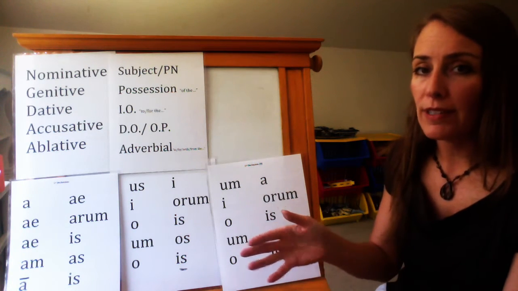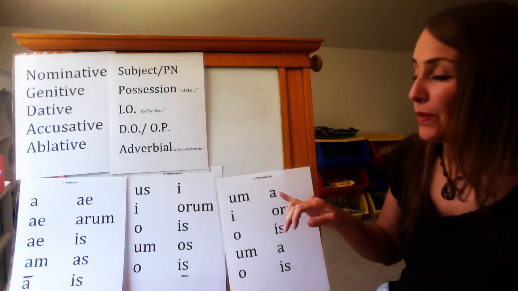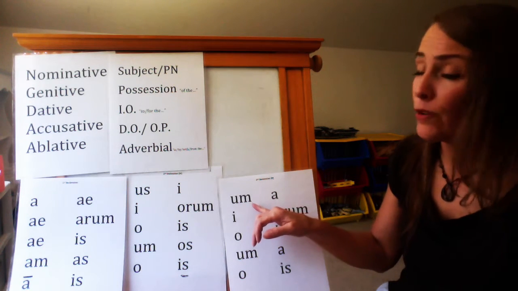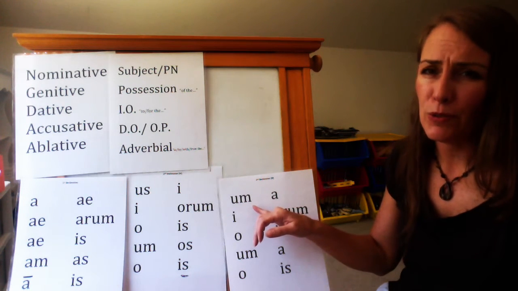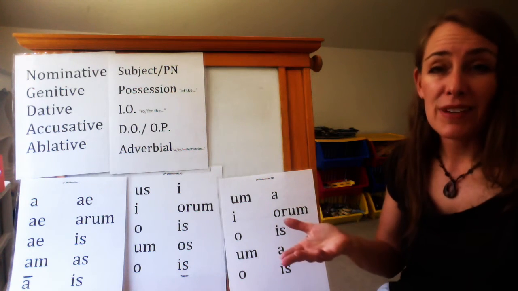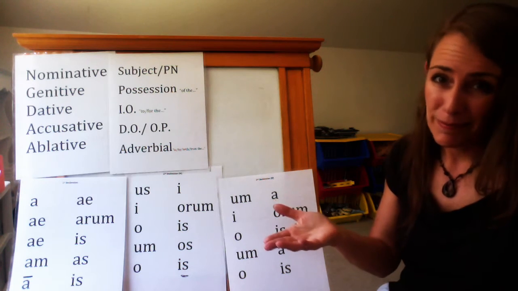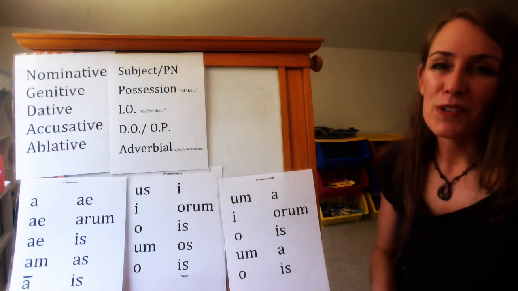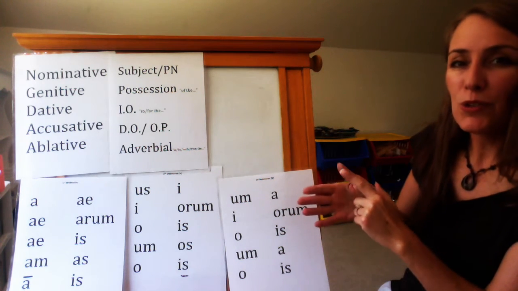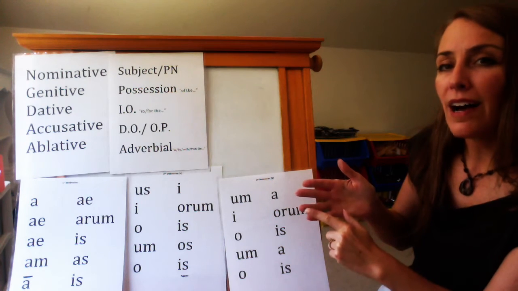Have those memorized. The last declension that we'll have to think about for right now is second declension, neuter. It's helpful because the first ending is um, and the fact that it's neuter means it's not masculine, it's not feminine, it's neither. So for neuter, the endings we'll memorize are um, i, o, o, a, orum, is, a, is.